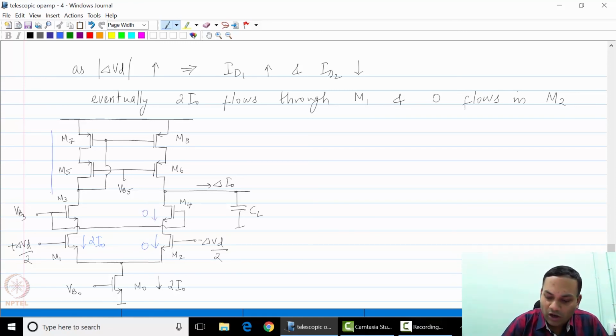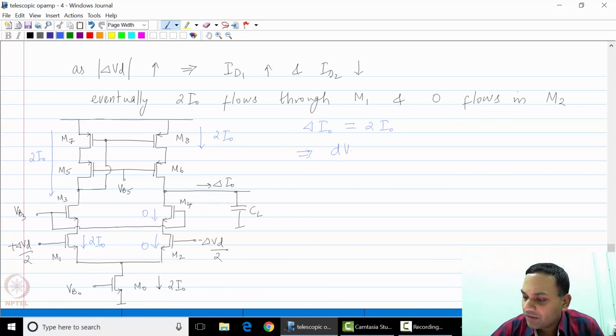This current 2 I naught flows through M3, M5 and M7, and this gets mirrored into M8 and M6. Again, if you apply KCL at the output node, it is clear that delta IO is equal to 2 I naught. This means that dVO by dt is 2 I naught over CL.